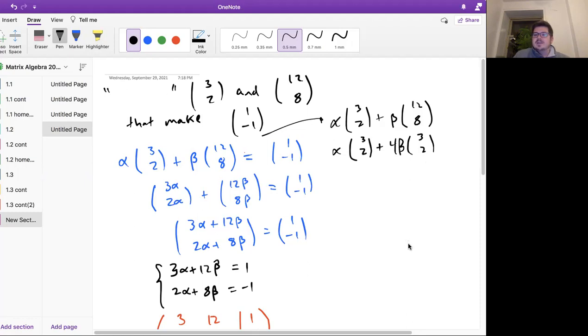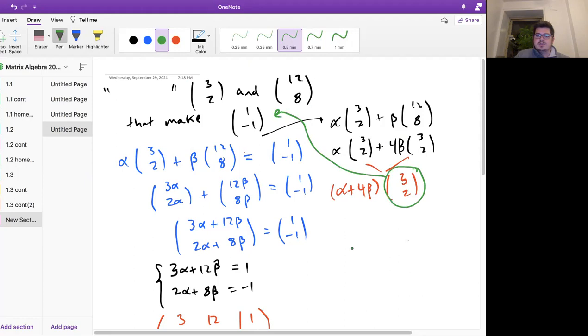So essentially, this is just like a linear combination of one vector. And then you can see there, you can't multiply anything by 3, 2 to get 1, negative 1.